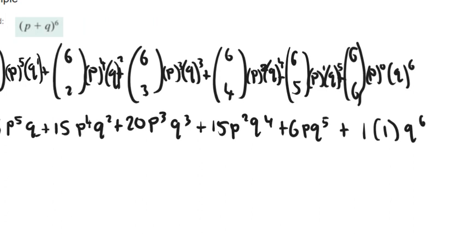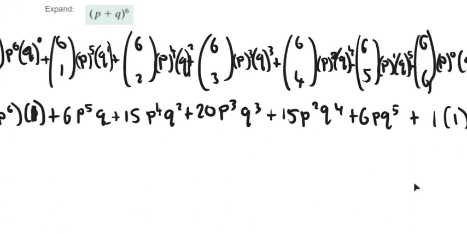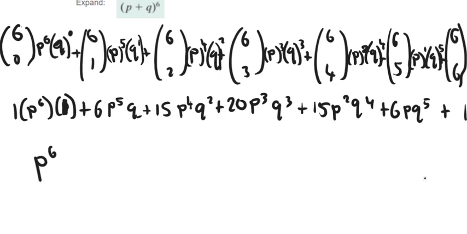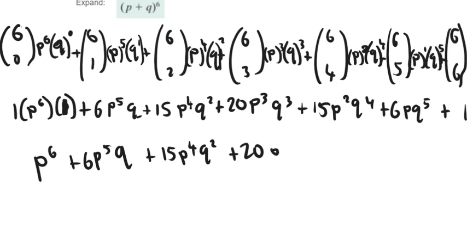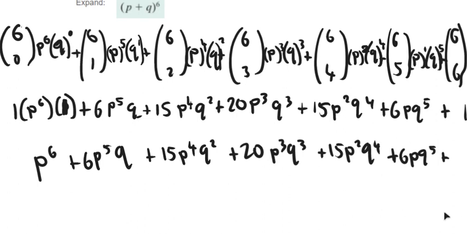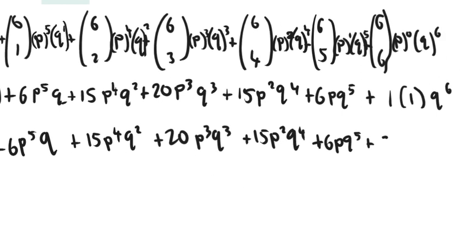I'll write it out one more time to simplify a little bit further. All that is p to the power of 6 plus 6 p to the power of 5 q plus 15 p to the power of 4 q squared plus 20 p cubed q cubed plus 15 p squared q to the power of 4 plus 6 p q to the power of 5 plus q to the power of 6.